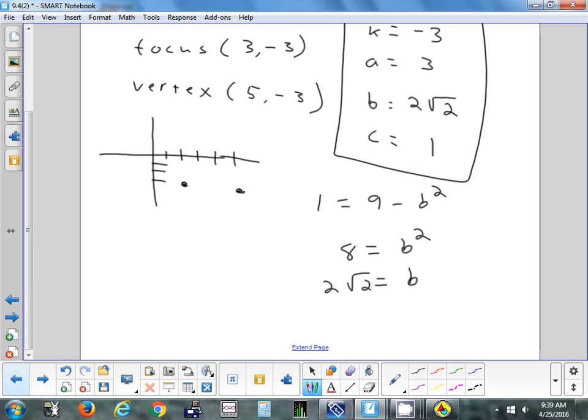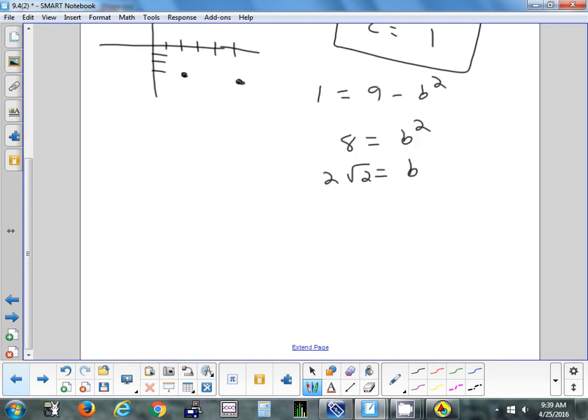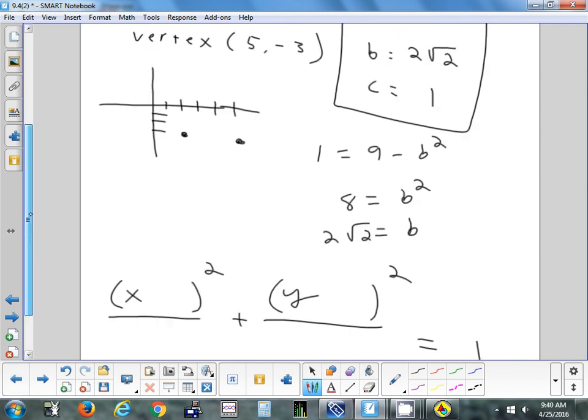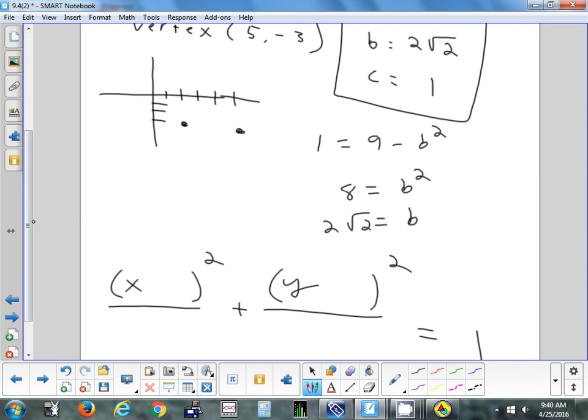All right, so now just write out our equation. Something squared plus something squared equals 1. Okay, what letter always goes with X?